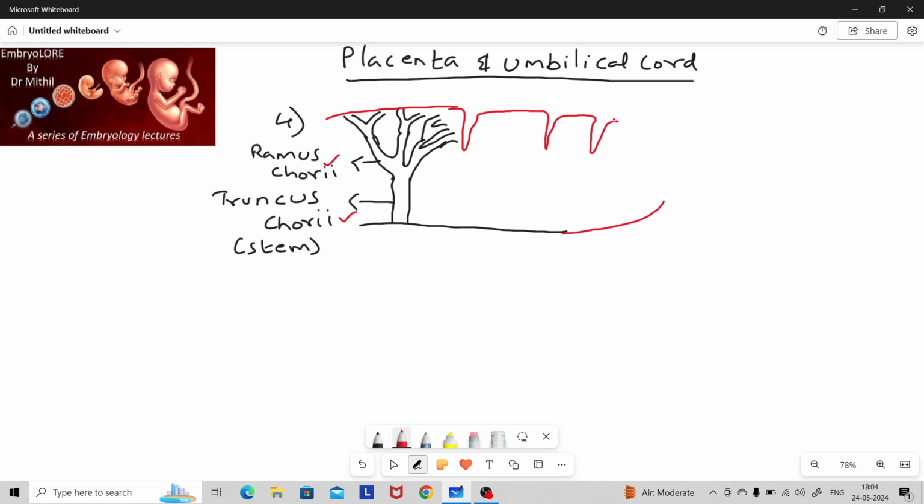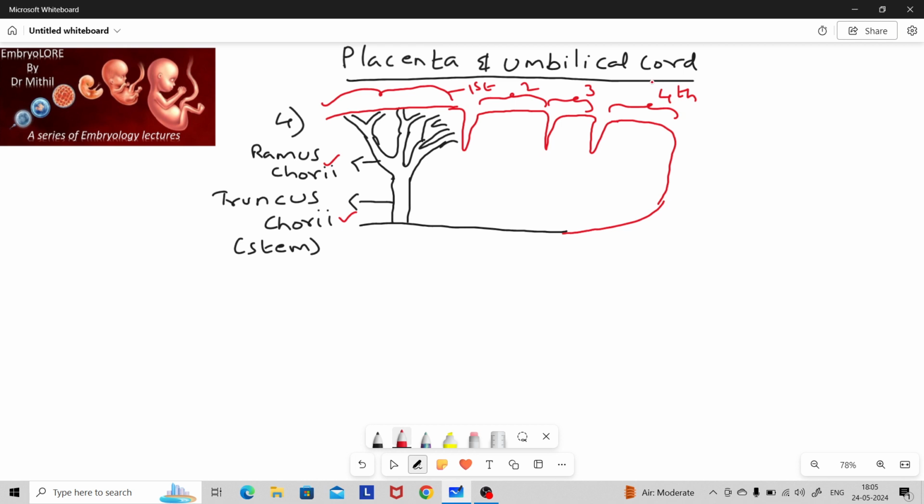This is the reason why, on the maternal surface, we observe the lobulation, which are called cotyledons. I will label this as the first cotyledon, second cotyledon, third cotyledon, and this is the fourth cotyledon.